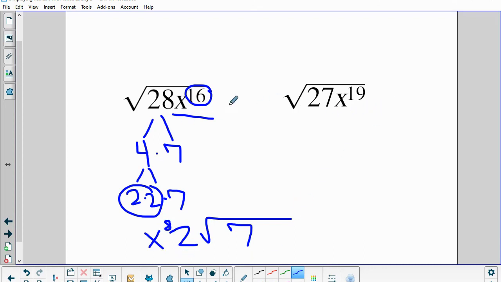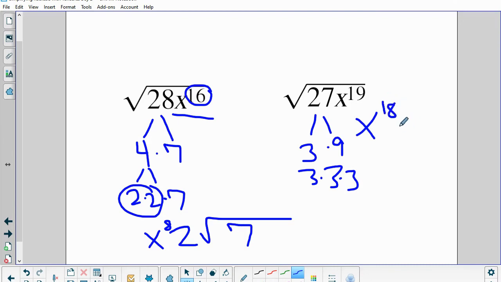Now let's kind of follow up that idea. Let's see what that really means. So on 27, we got 3 times 9. Or 3 times 3 times 3. Well, as far as the x to the 19th is concerned, we could think of that as x to the 18th times x to the 1st.